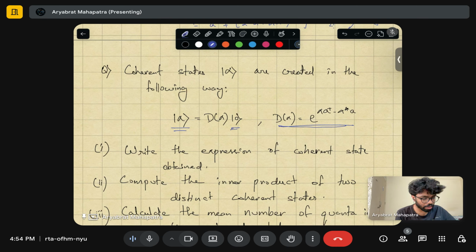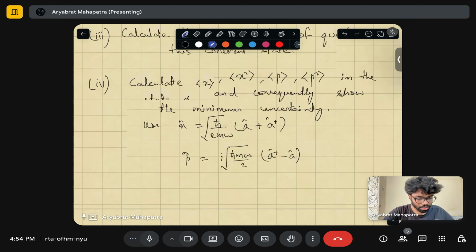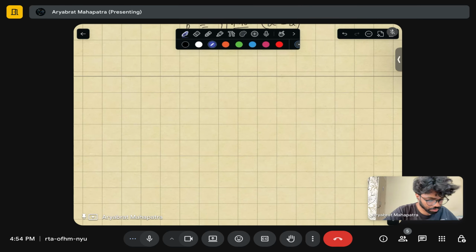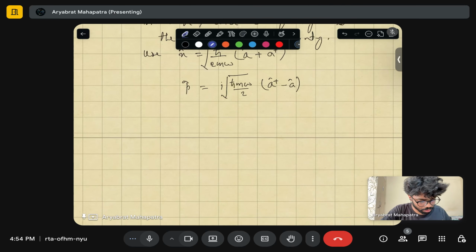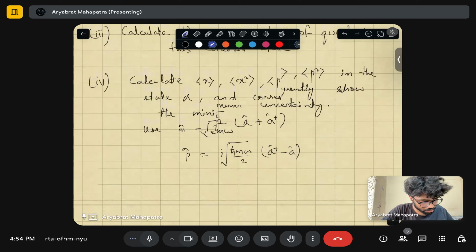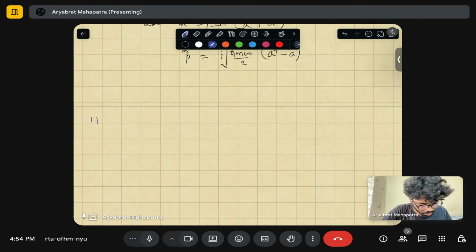First we have to operate our displacement operator on the ground state, using which we finally construct our coherent state alpha. So again, let me write D of alpha as your displacement operator.